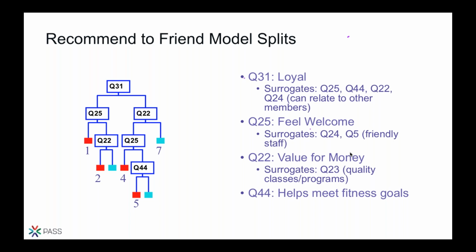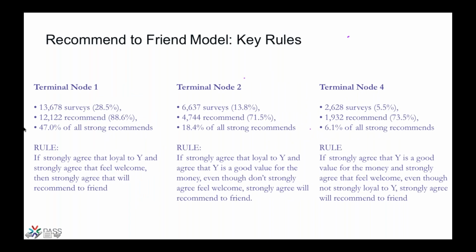So in this case, the recommend to a friend model still used feel welcome, but the most important split was the question about loyalty in the data. So if you are loyal to the Y, and if you feel welcome, you are likely to recommend to a friend. So let me go to that.